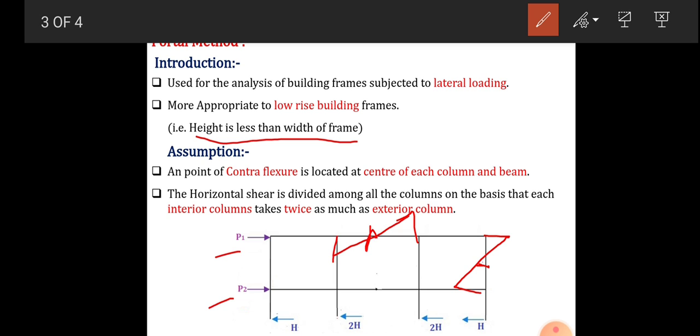Second, the horizontal shear is divided among all the columns on the basis that each interior column takes twice as much as an exterior column.